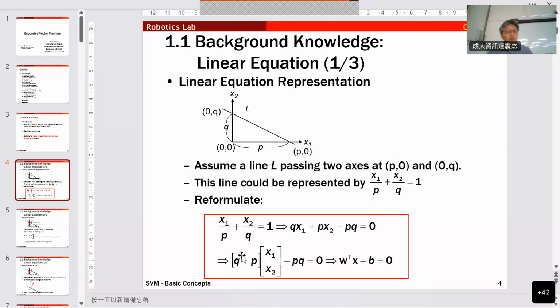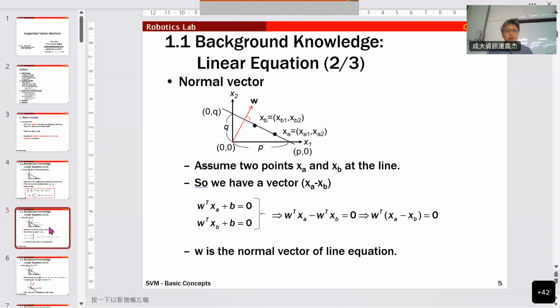This one is a rotation vector, and this is a constant term. So finally this equation equals w x plus b, the same as LDA. This is to let you know the physical meaning: w is a rotation, b is a translation. Continue to talk about this one.